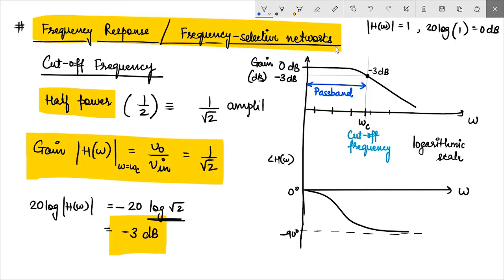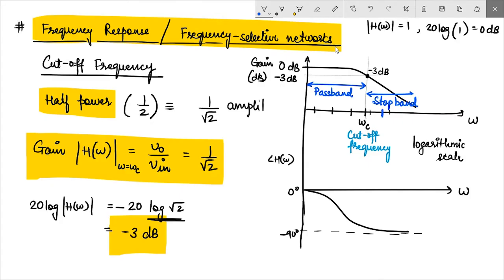So this range is pass band, and this range of frequencies is called stop band. Obviously it's not that after cutoff frequency, the signal is multiplied with a factor of 0. No, it's multiplied with a certain factor, but that factor is significantly low. And we saw how that works in the example in the earlier video lecture.